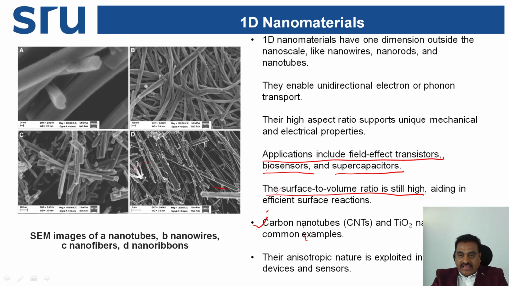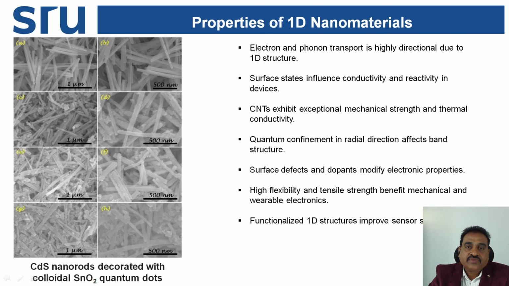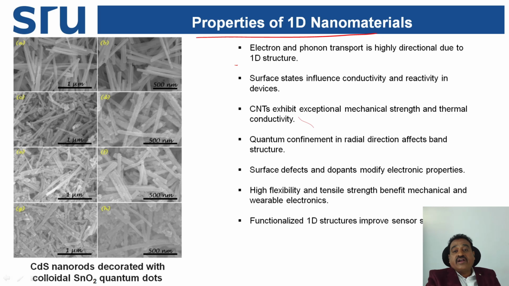Carbon nanotubes and titanium dioxide nanorods are common examples of one dimensional nanomaterials. Their anisotropic nature is exploited in energy devices and sensors. Electron and phonon transport is highly directional due to the one dimensional structure of these nanomaterials.